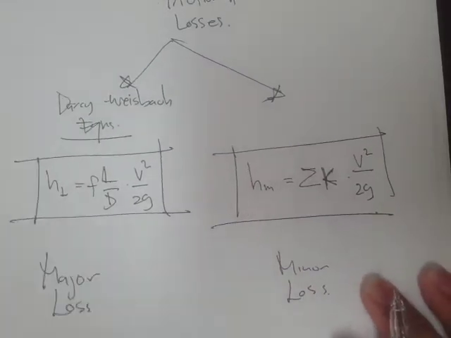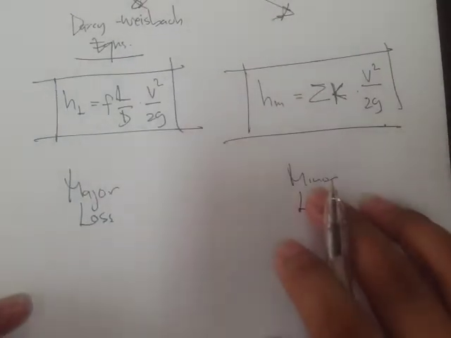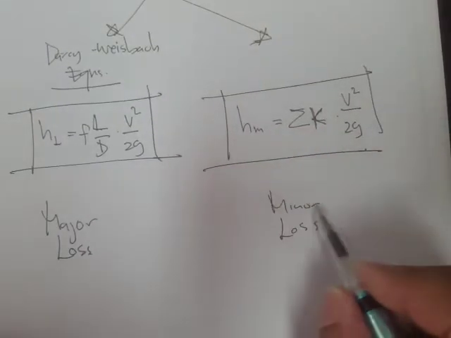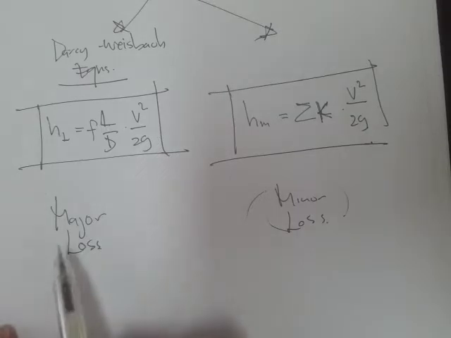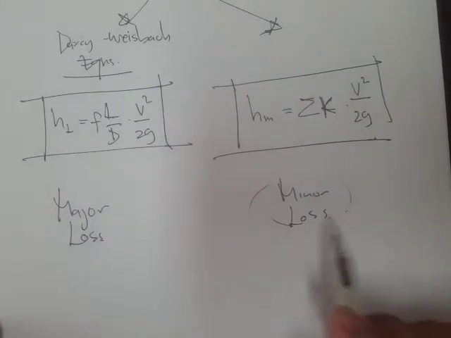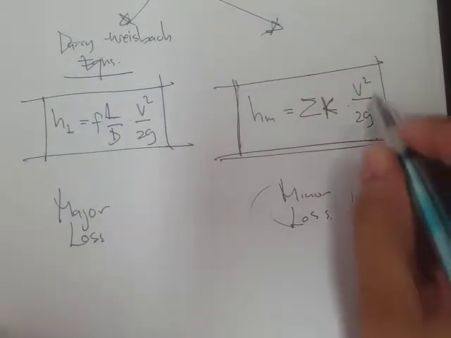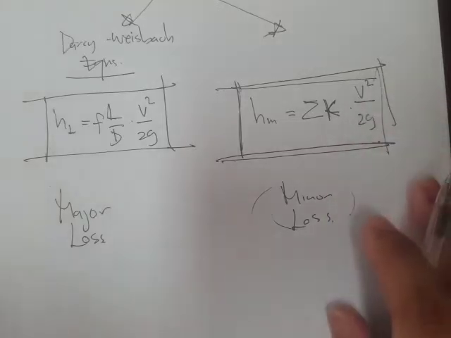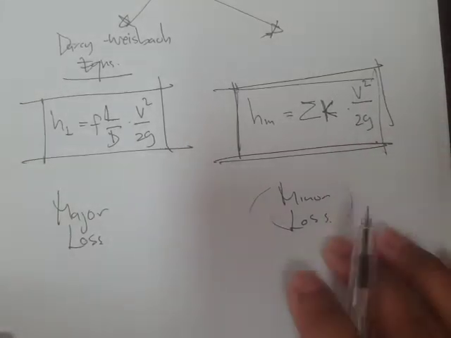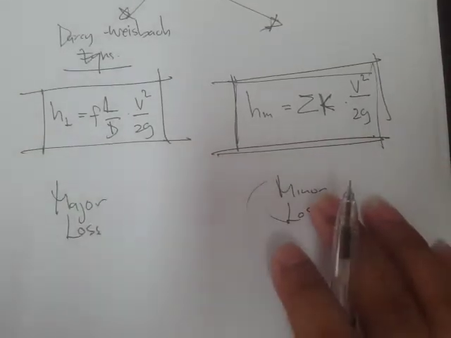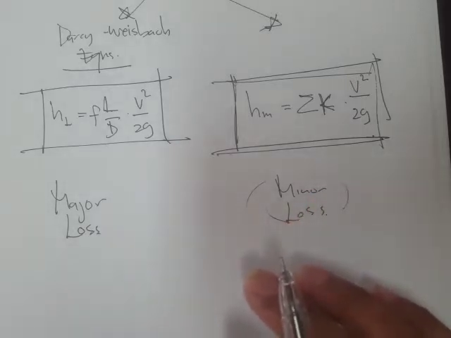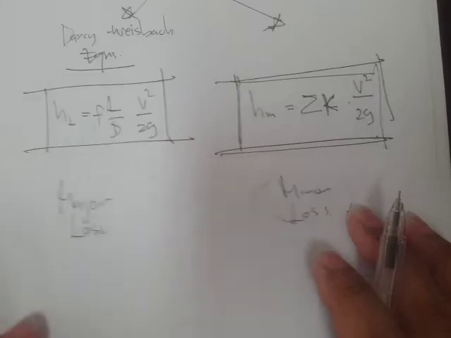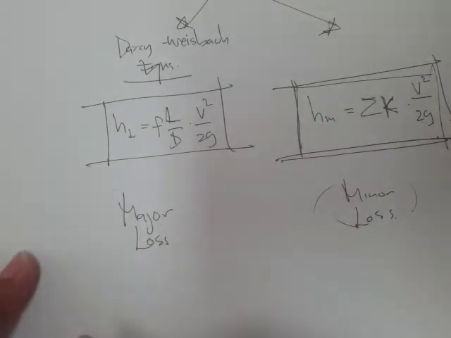Now, even though the name is just minor, sometimes the value of the minor loss can be greater than that of the major loss. I think it would be best to describe the minor losses as the losses in the fittings and the valves, whereas the major loss would be the frictional losses along the pipe length.